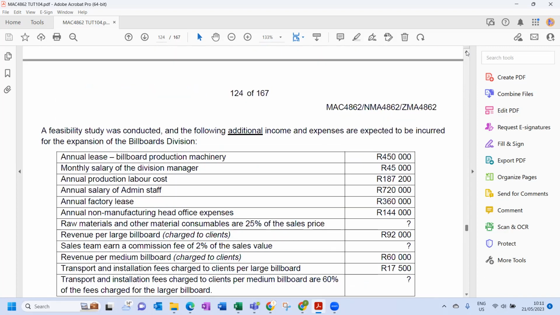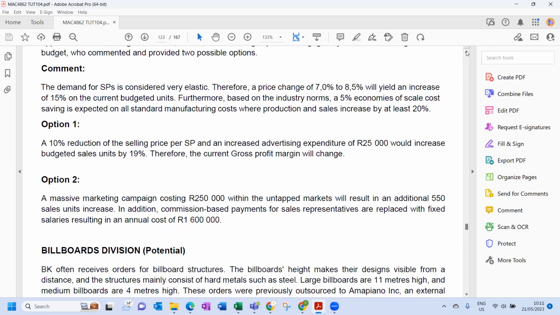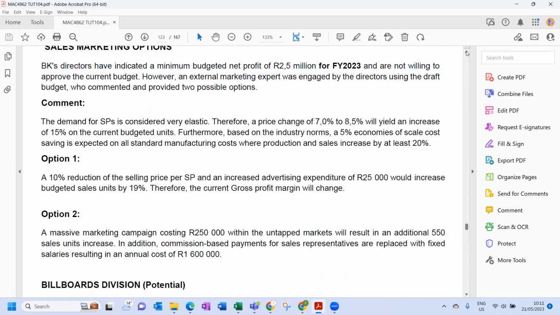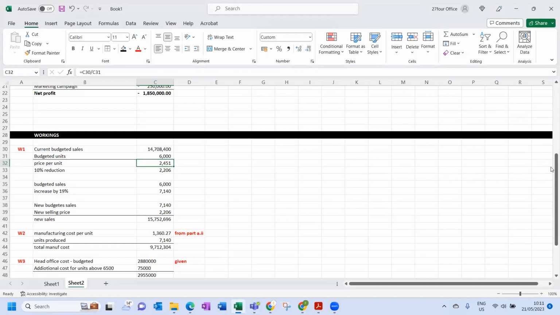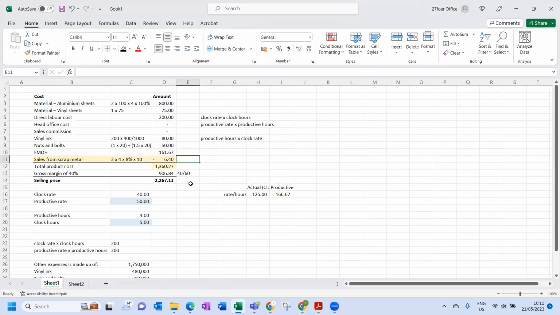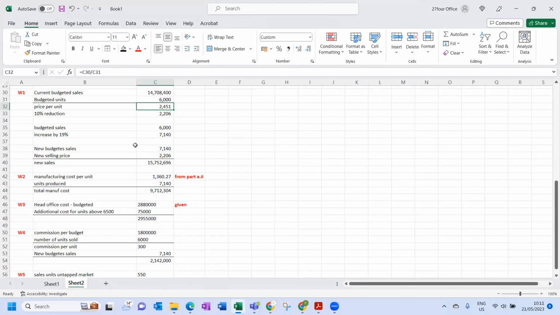Let me just quickly see. Okay, that is our selling price. So we may use a selling price; I'll come back to this one afterwards.